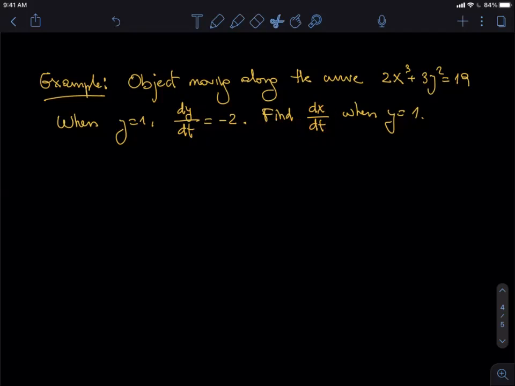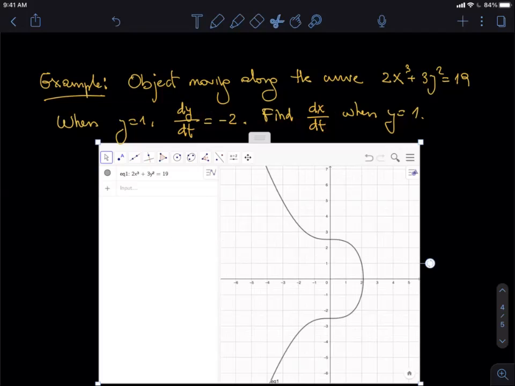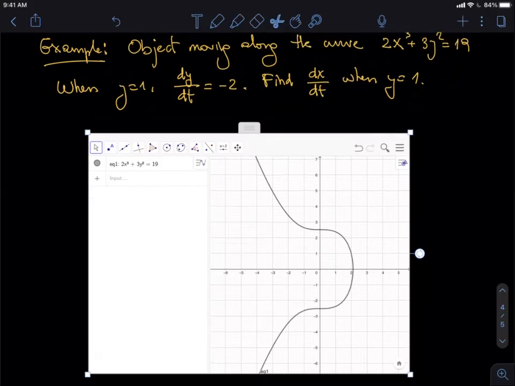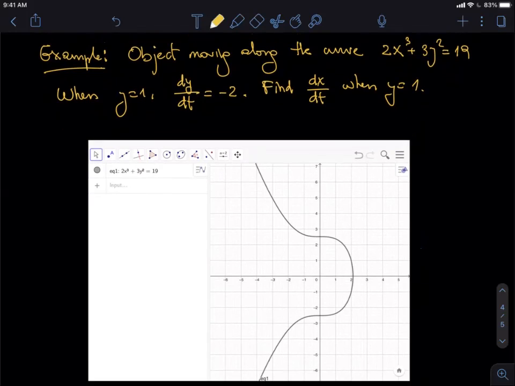So here's something that helps, is to have a visual of what's happening. So I went ahead and did a plot of the curve. You see that this curve, of course, is not a function because it doesn't pass the horizontal line test, right?